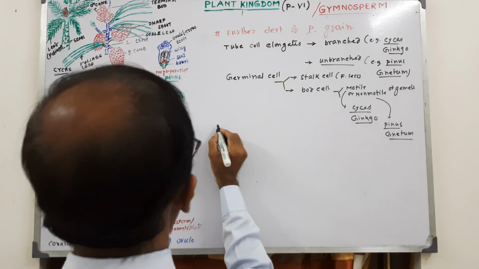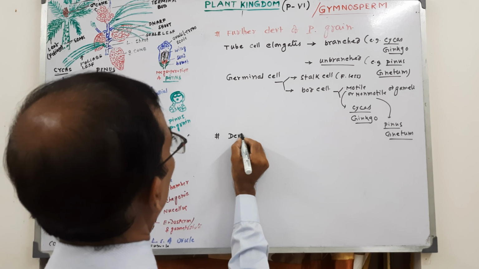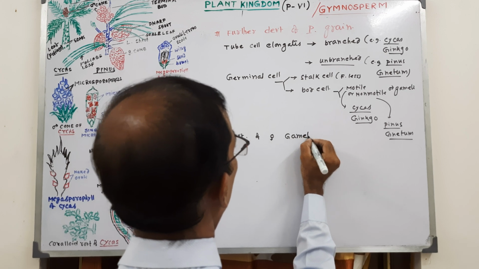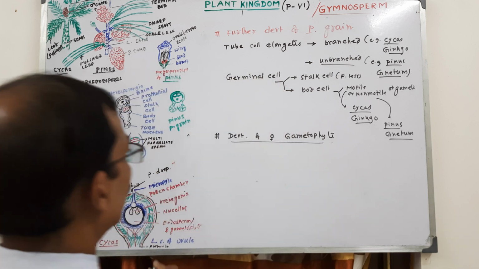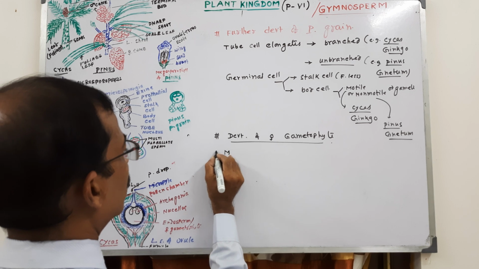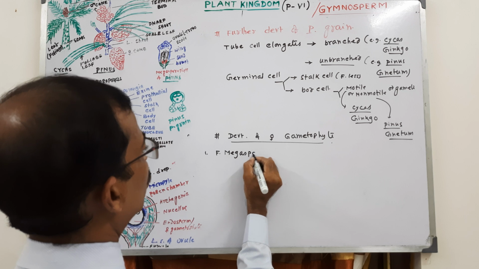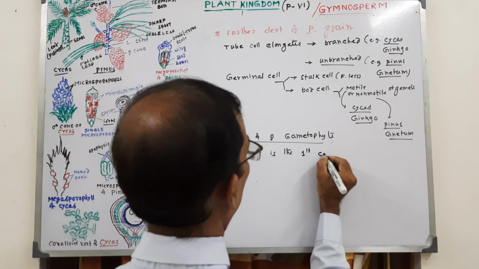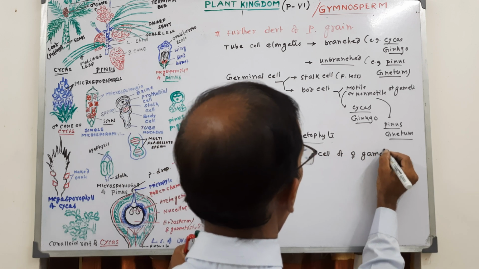Development of female gametophyte. The functional megaspore is the first cell of the female gametophyte.